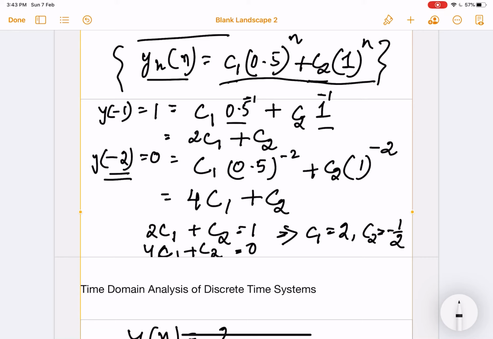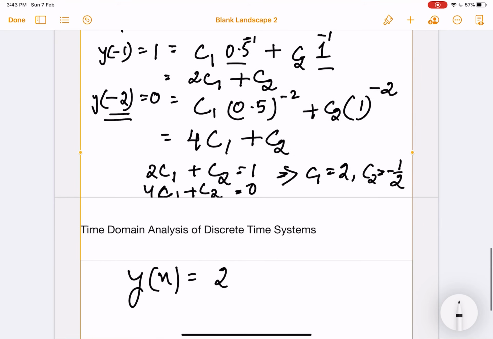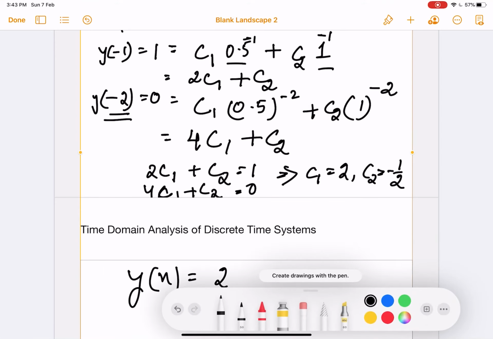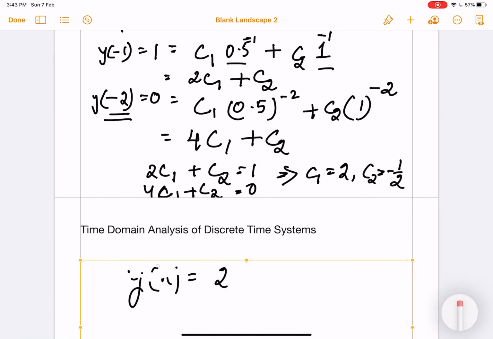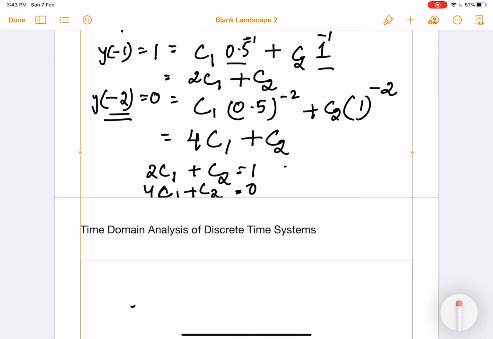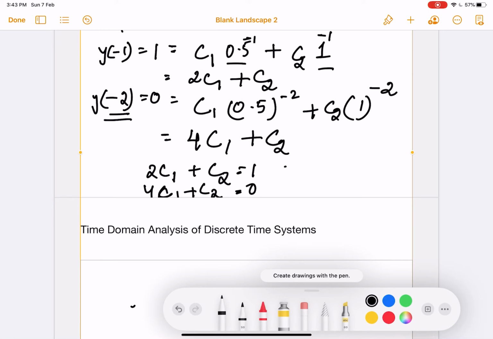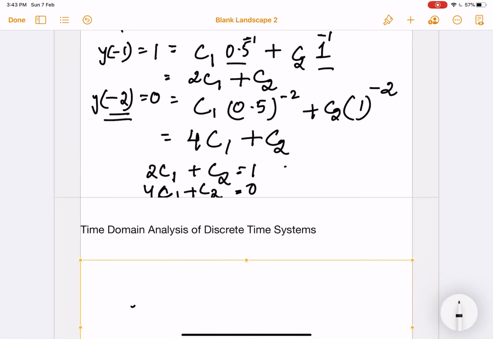Alright, let's just check our equations once again, and not solve it so directly. Basically C2 is equal to minus 4C1 from this equation.